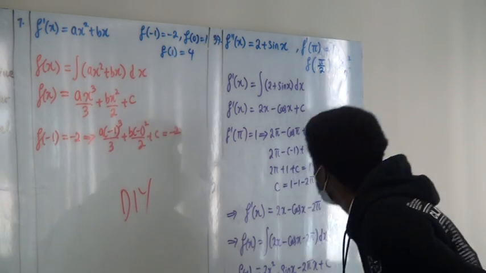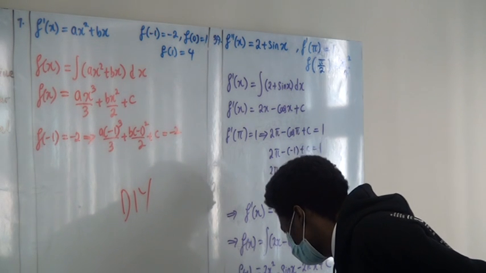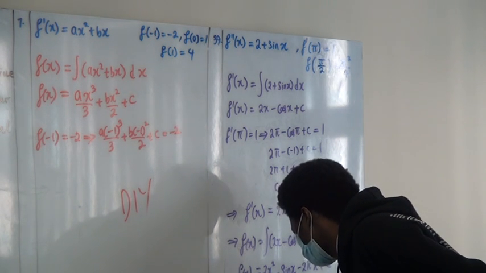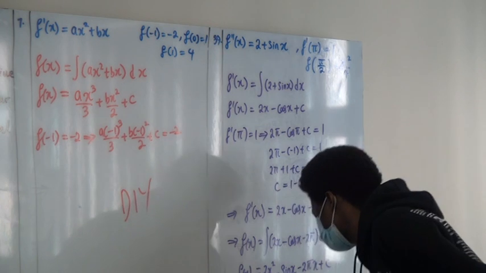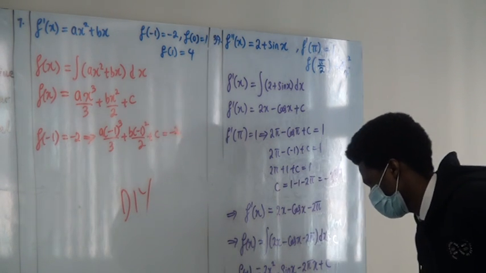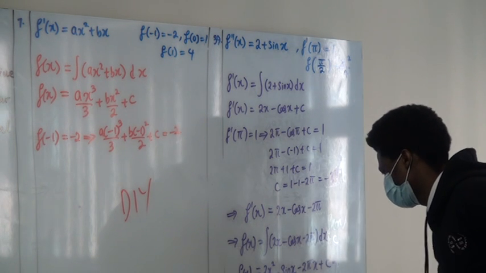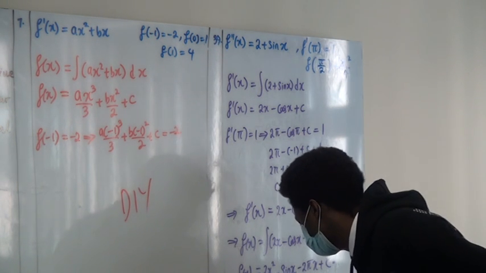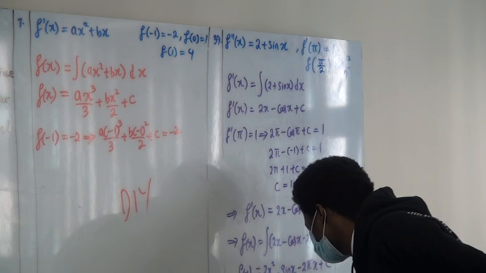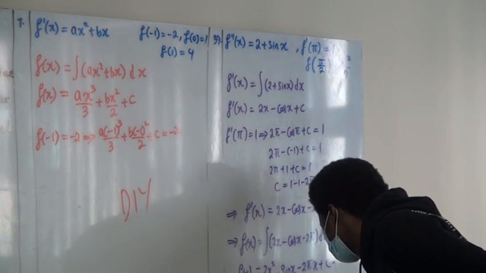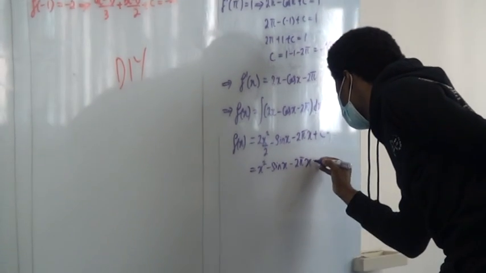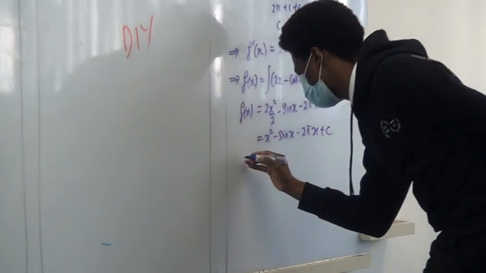So f of pi over 2 equals pi squared over 4 implies, yes, oh, this should have been simplified. Yes. Please always simplify. Apologies. So this is x squared minus sine x minus 2 pi x plus c. Miss V, can we see all this? Yep.